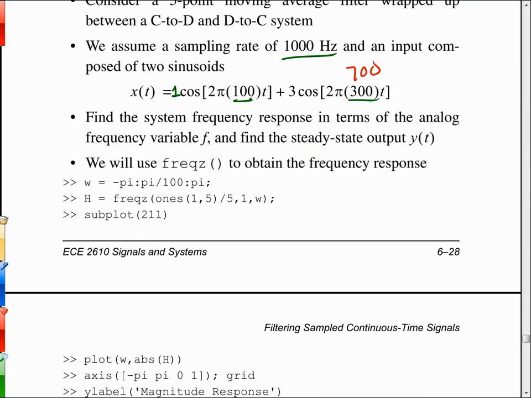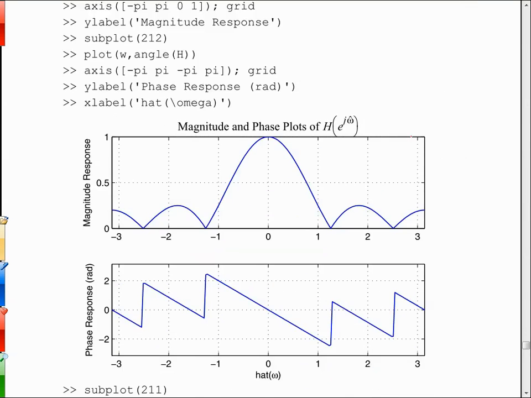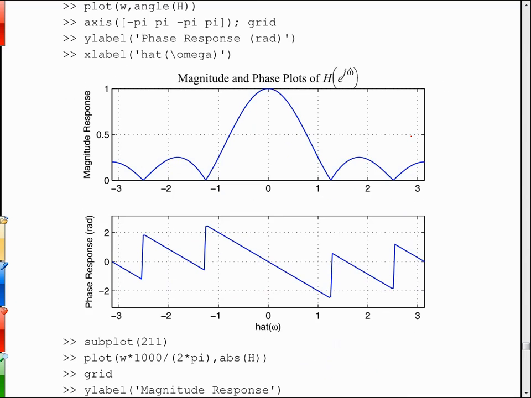So I also said plot the frequency response, so I just used MATLAB and freqz, and I plotted out the magnitude and phase in terms of the omega hat axes, running from minus to plus pi.